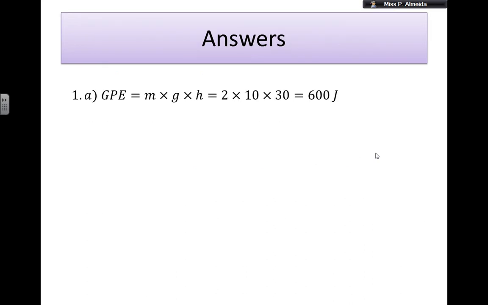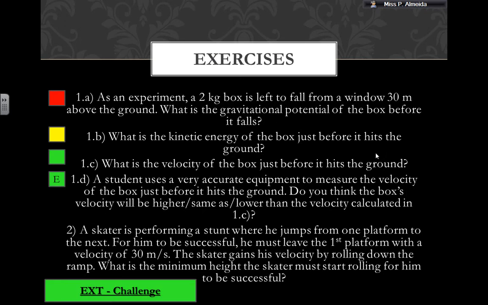Let's do the very last exercise. A skater is performing a stunt where he jumps from one platform to the next. For him to be successful, he must leave the first platform with a velocity of 30 meters per second. The skater gains its velocity by rolling down the ramp. What is the minimum height the skater must start rolling for him to be successful?